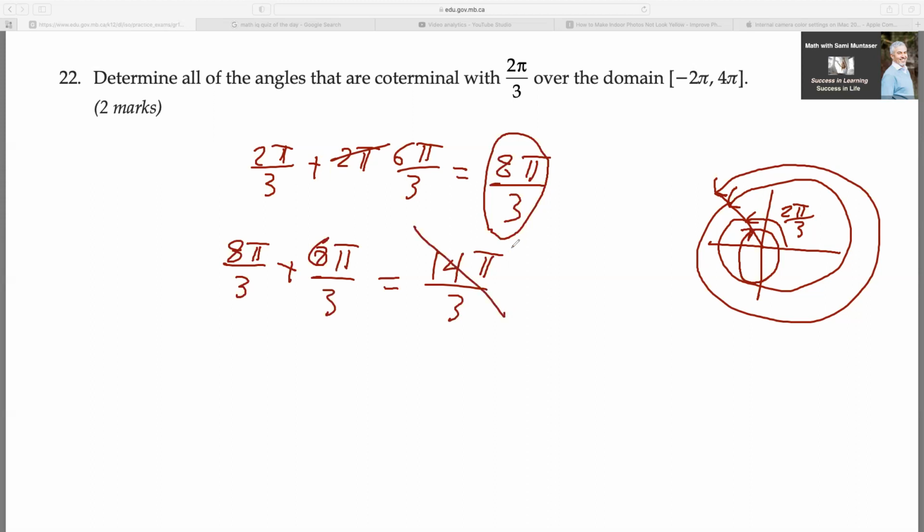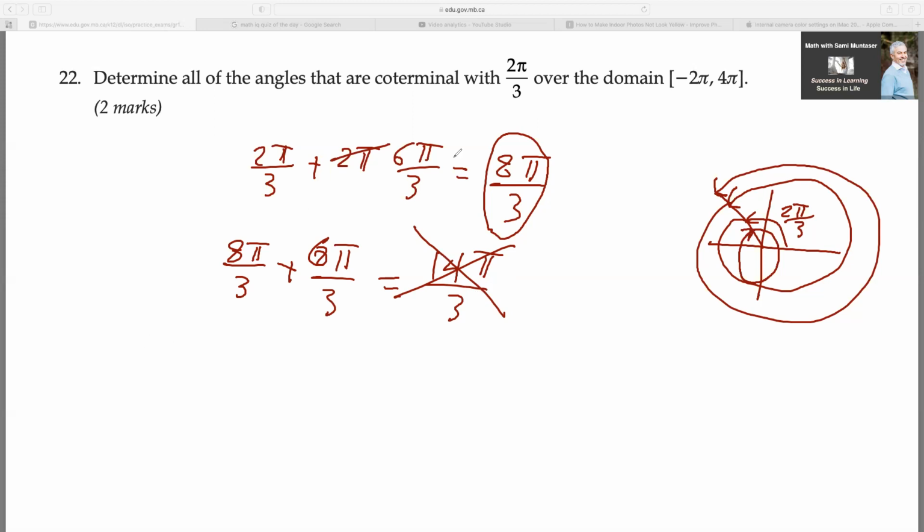So we have to reject this, because it's going over 4 pi, since my domain is between negative 2 pi and 4 pi. So when we added 6 pi over 3 or 2 pi, we ended up with 14 over 3, which went over the domain. So that cannot be done.